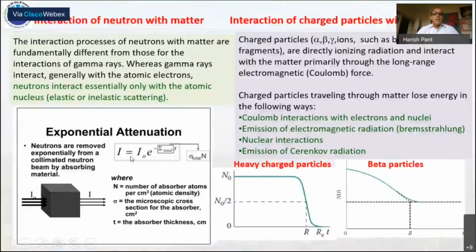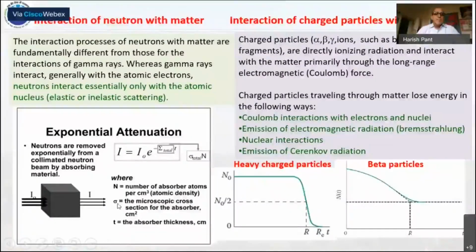This is I equals I0 e to the power of minus sigma total n T. Here I is the intensity of transmitted neutrons, I0 is the intensity of the neutrons falling on the incident surface, and n is the number of absorber atoms per unit volume, which is also called the atomic density.